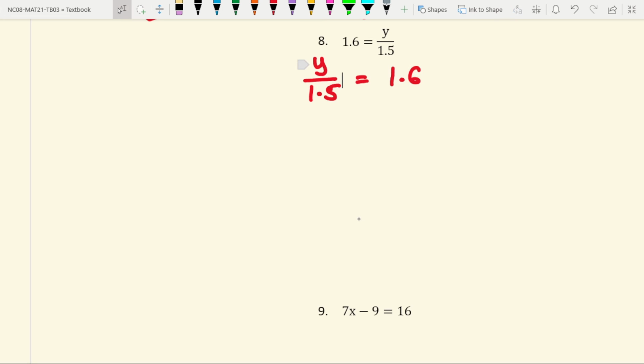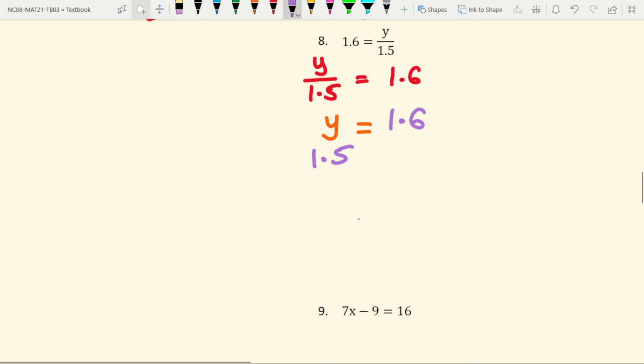We have to solve this equation now. To solve this equation, let us identify the unknown term. The unknown term is y, which should be in LHS. It is already in LHS. The known term is 1.6, which should be in the right hand side. It's already in the right hand side. But another known term, 1.5, is given in the denominator, as divided by 1.5.